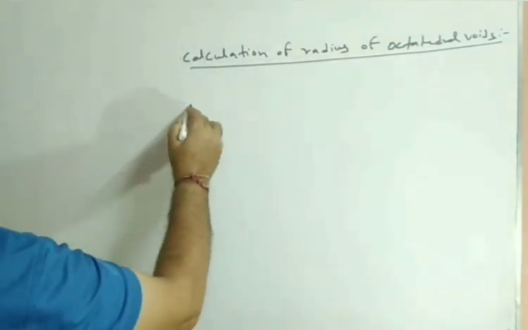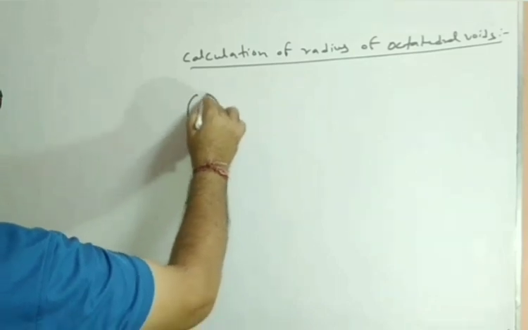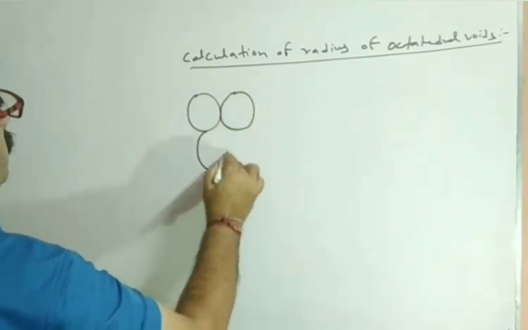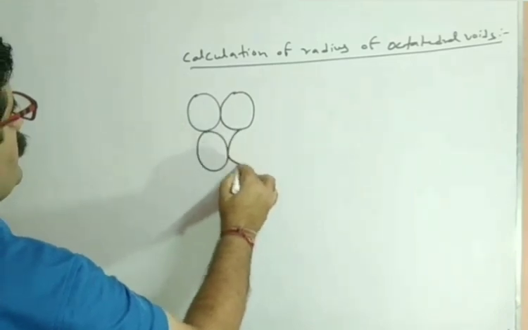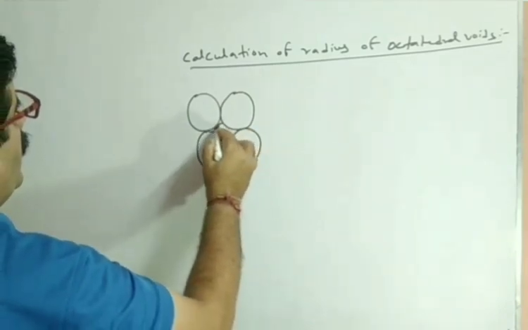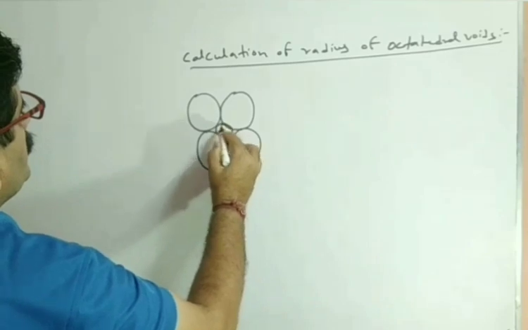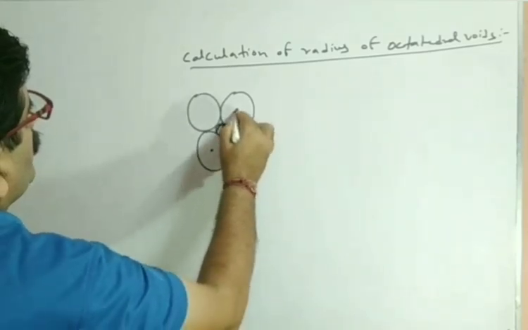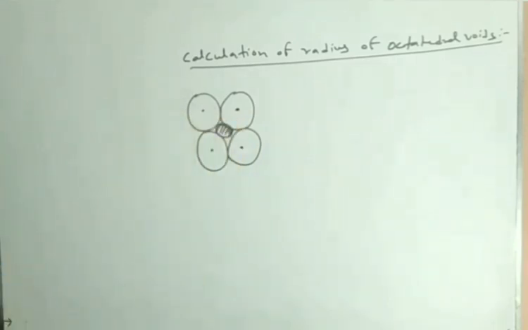Let us consider the following pattern of diagram. This is the void, four centers because four circles.